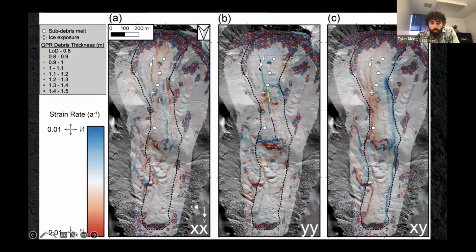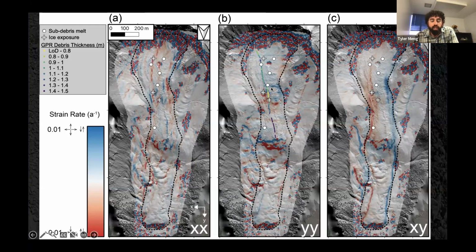So when we're moving down flow here, I've also plotted a GPR debris thickness profile along this transect here. What you'll notice is that as we move along this flow direction and we hit this strong blue here, which indicates a rapid extension of the surface, and then immediately the GPR line here, it thins.